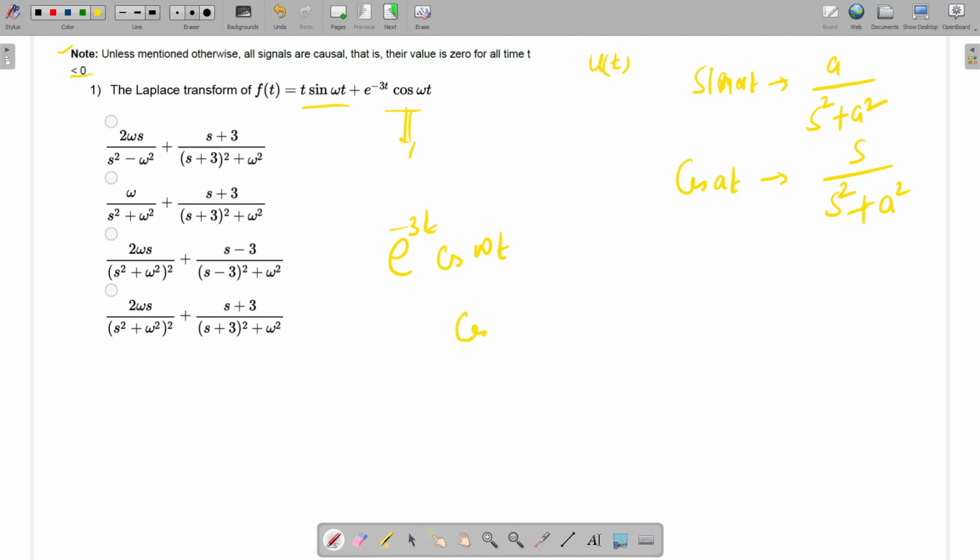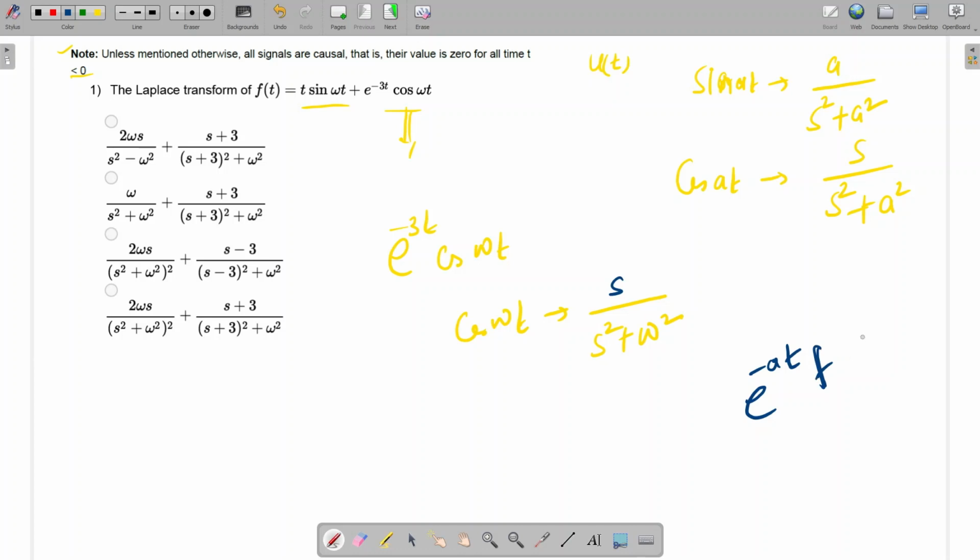So cos omega t Laplace will be, sorry, numerator here it will be s. Here it will be s divided by s square plus omega square.